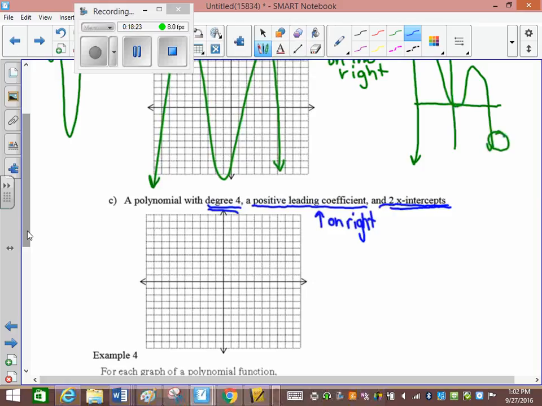So, up on the right. Down. And somehow make myself a W that only touches twice. I don't know where I can do that. Make the bottom of the W touch, right? One.